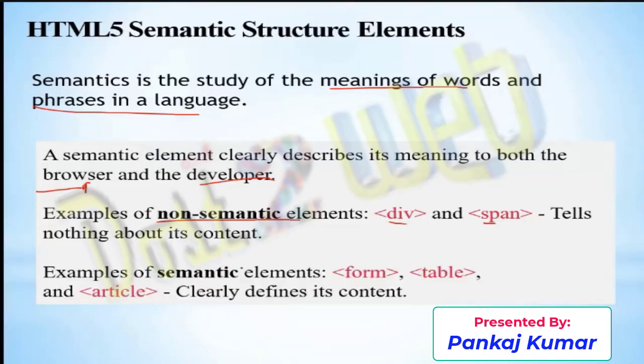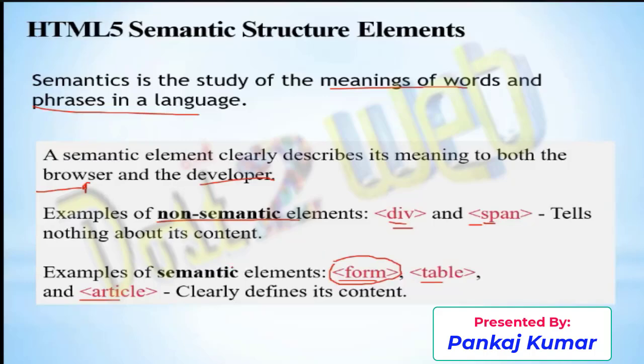For semantic elements, that means you are going to create a form, a table, an article. Whenever you create these elements, which are called semantic elements, they define what content is in them. A form means you are going to submit something through the browser to the server end, but here it's just display, only content, nothing more.